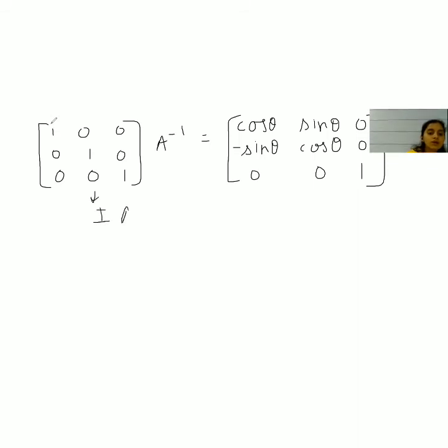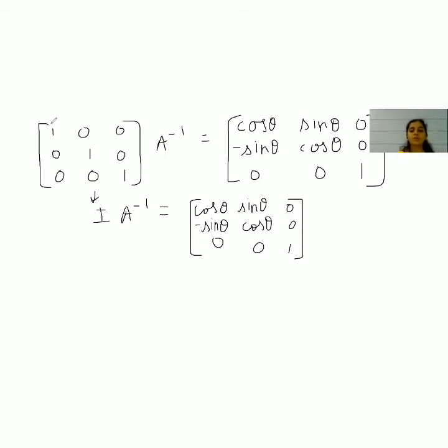So A inverse is equal to this matrix here: cos theta, sin theta, and 0, minus sin theta, cos theta, and 0, 0, 0, and 1. Now I told you that there is something interesting about trigonometric inverses. What is that?